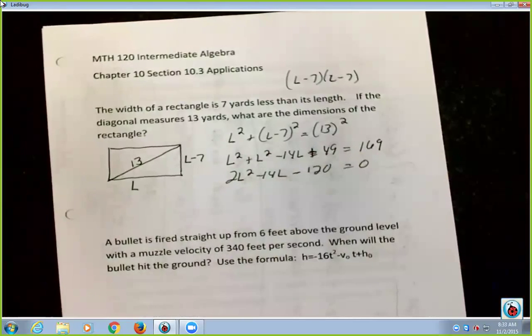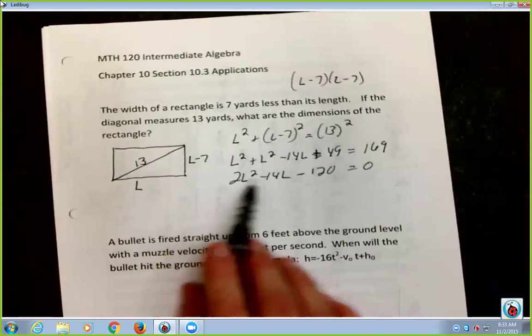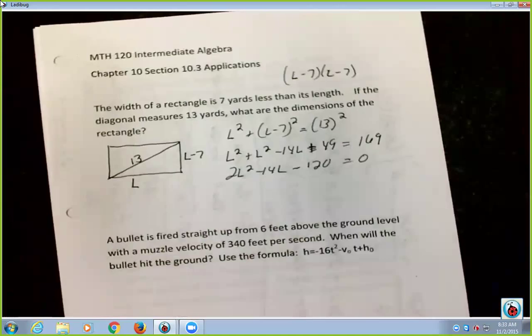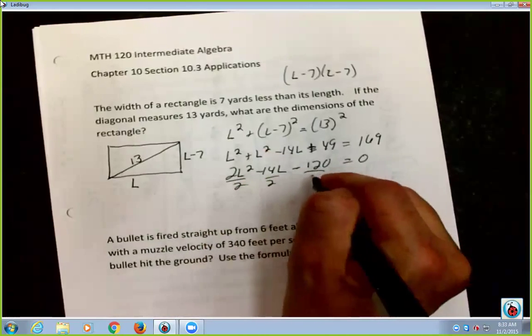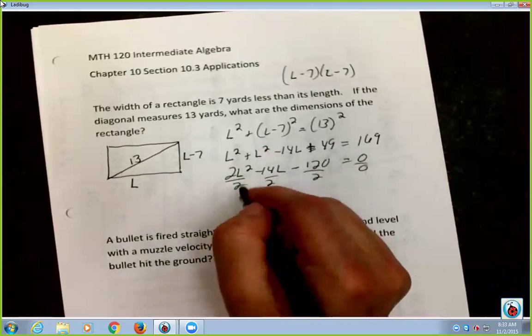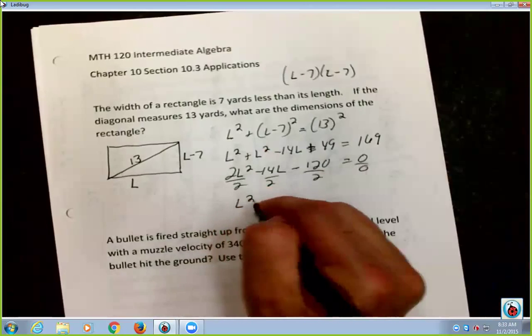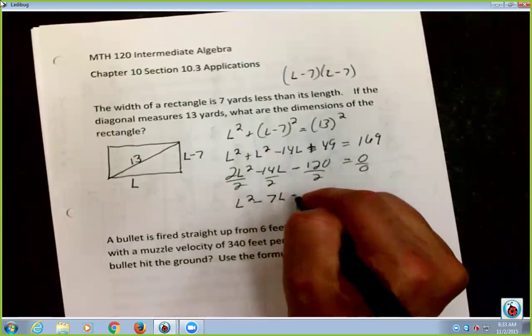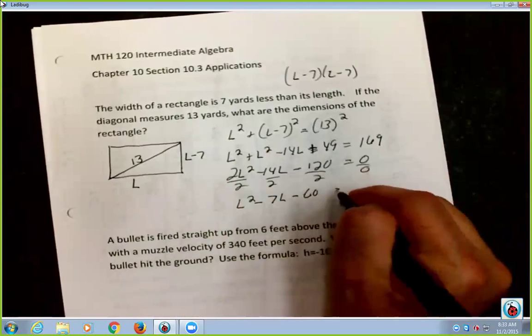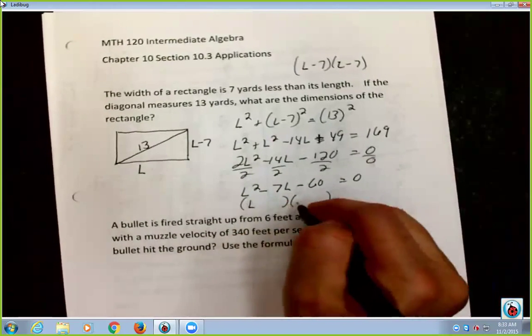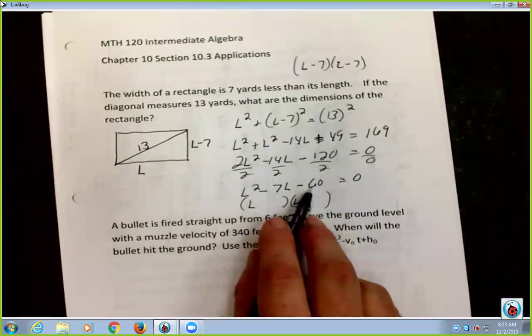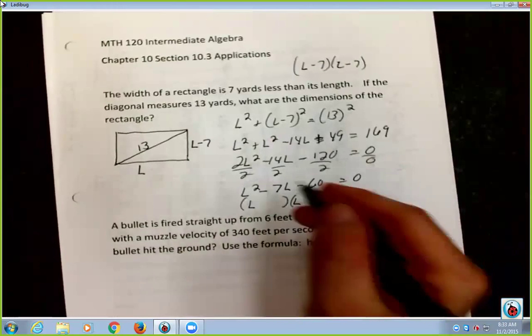So then from there, we can put it into the quadratic formula and end up solving it, or divide everything by 2, because what you might find is that you can just factor this one. So if I divide everybody by 2, I get L squared minus 7L, 2 goes into there, 60 equals 0. So this one actually factors. 60 is 5 and 12.